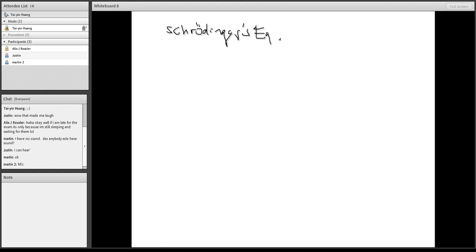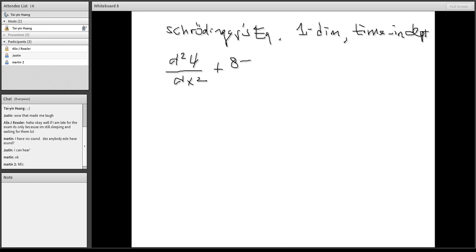In a one-dimensional, time-independent case, where we already remove the time, you have a particle moving in a one-dimensional direction, and then how the electron behaves can be described by Schrödinger's equation. It is a second-order differential equation. The psi here is your wave function, and that's a solution to Schrödinger's equation. So that just gives you some idea about what this equation looks like.